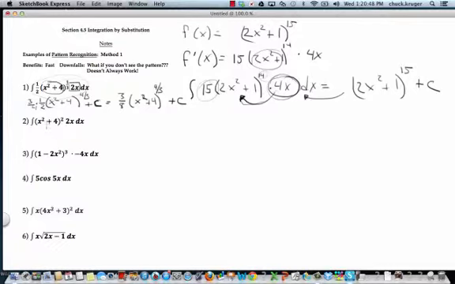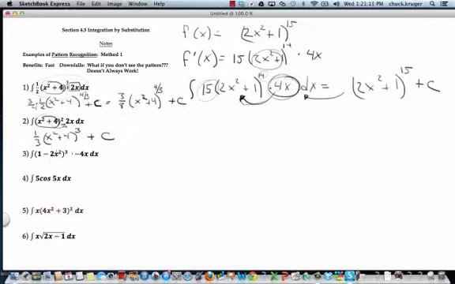Alright, same thing. I'm going to look inside this quantity. Its derivative exists, so the chain exists. So again, I'm going to just write x squared plus 4, raise it to the 3rd power, multiply by its reciprocal, and add c, and I'm done.